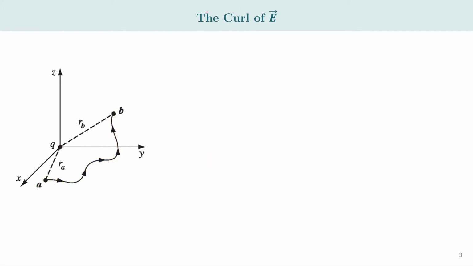Now, if the integration is over a closed path like this one, in that case RA will be equal to RB. And hence we have the closed integral E dot dl equal to 0.